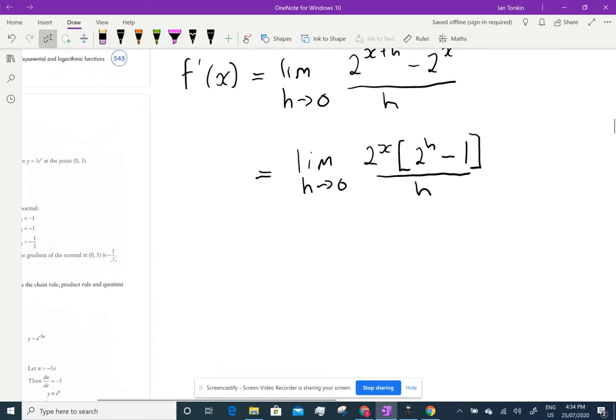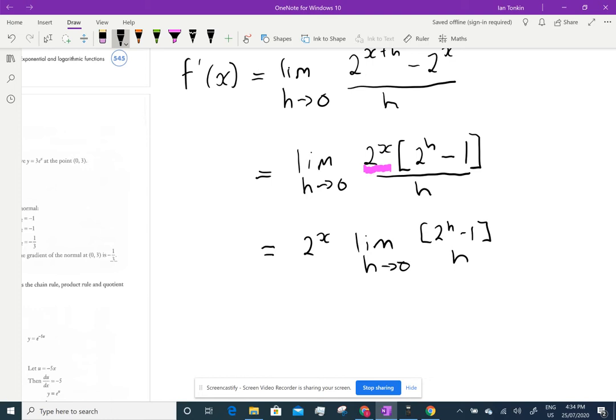Now that 2 to the x doesn't have any h in it, so it's not going to be affected by the limit as h approaches 0, so we'll take it outside. So 2 to the x, the limit as h approaches 0 of 2 to the h minus 1 over h.